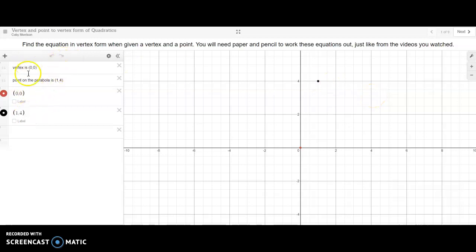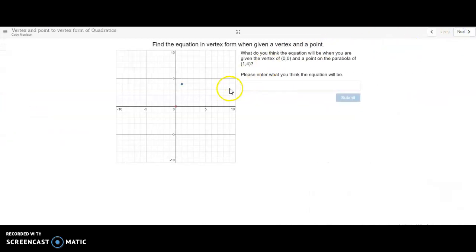Slide 1 gives you the information to do the problem. You'll work it on a sheet of notebook paper. Type your equation in here that you get. Slide 2 just asks you to confirm your equation in here. Not sure if you'll get to see other people's answers if you type yours in. I don't think so.